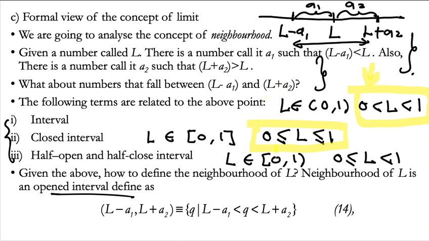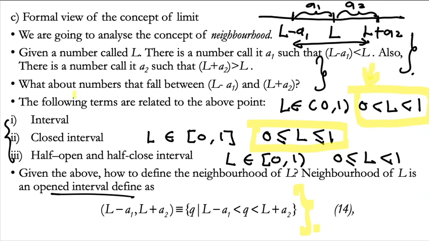But here, it includes, you can see the equality sign, therefore it is called weak inequality. What about this? This is a strong inequality or strict inequality.